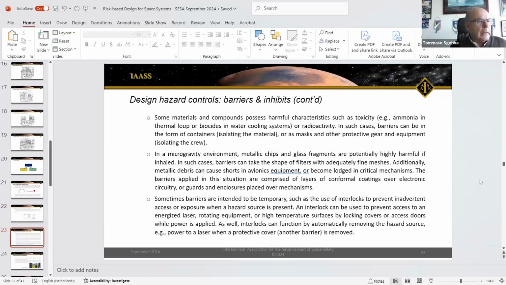Things that are also barriers in space are, for example, filters.